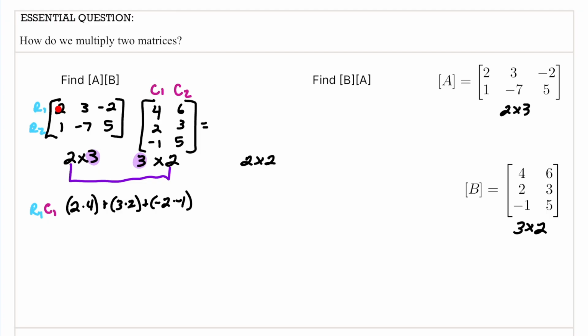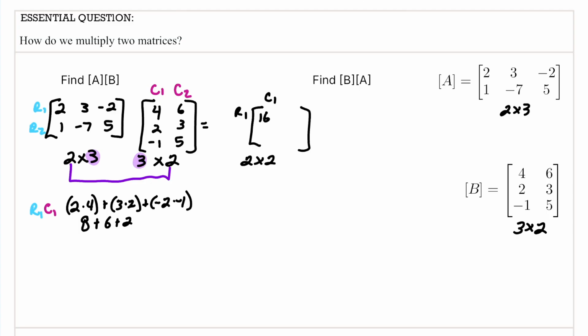So it's across and down. And that is going to give us row 1, column 1 in our resulting matrix. So that's going to be 4 times 2 is 8, 3 times 2 is 6, -2 times -1 is +2, and we get 16.